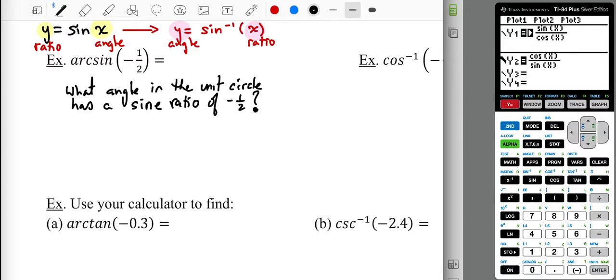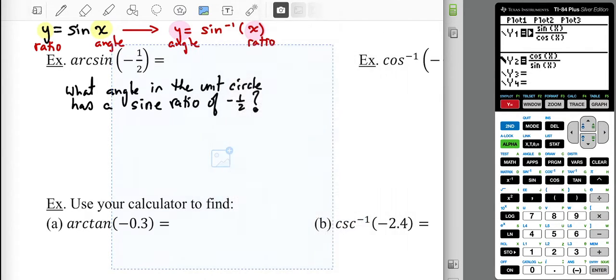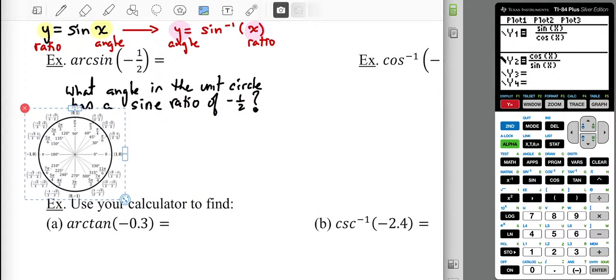If you know your unit circle, then you're going to be in pretty good shape. So I'll just put in a unit circle here and we'll take a look at it real quick.